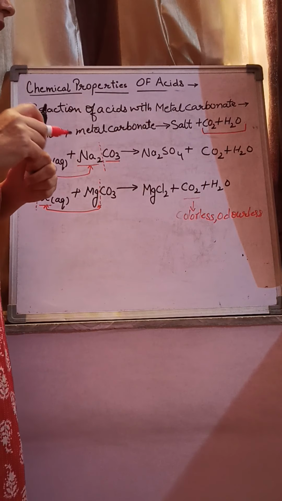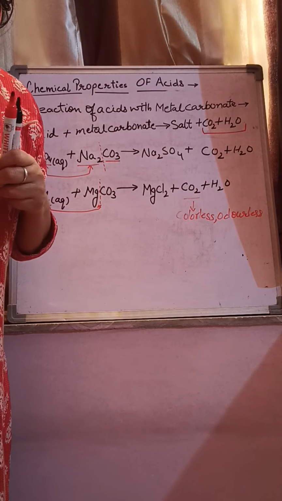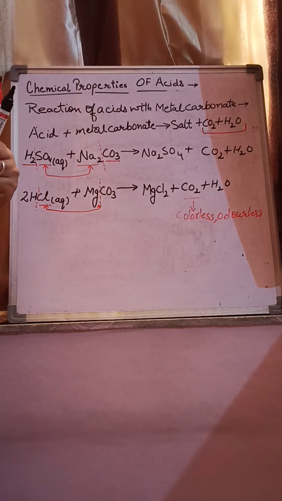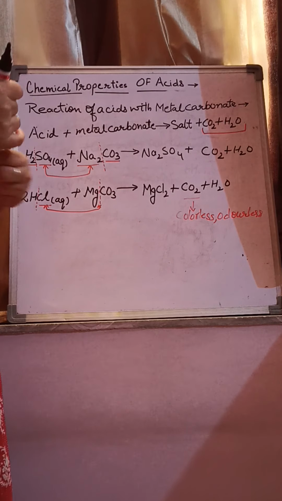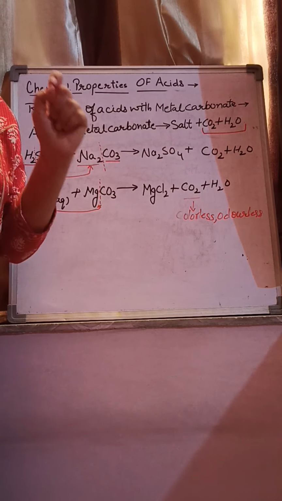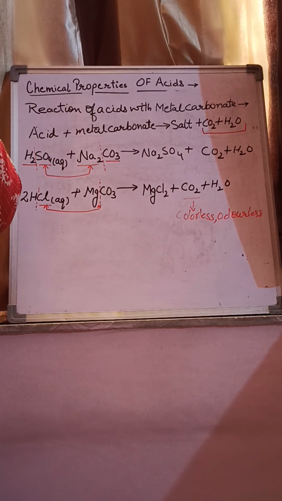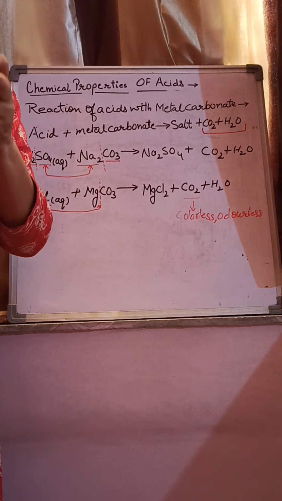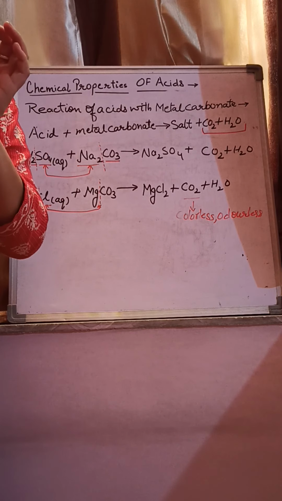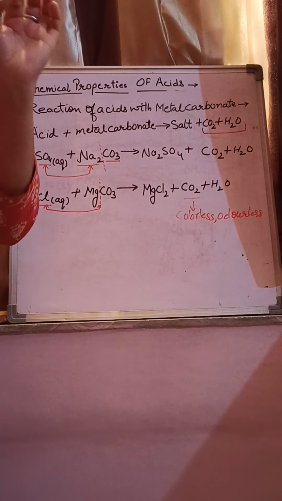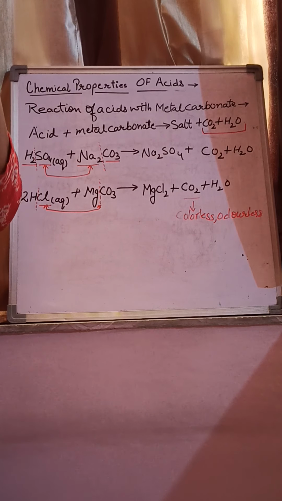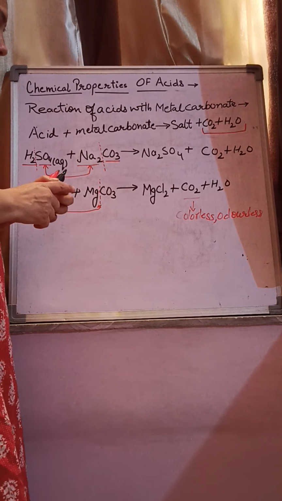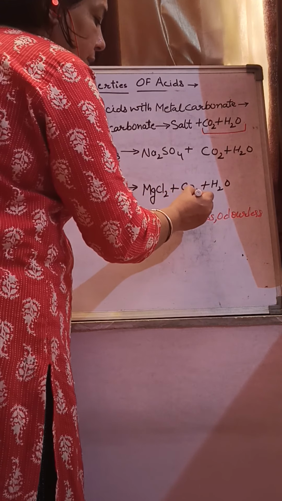The first test is when we bring a burning matchstick near the mouth of the test tube, carbon dioxide extinguishes the burning matchstick, or we can say it puts off the burning matchstick. If any colorless, odorless gas evolved puts off a burning matchstick, then 100% the gas evolved is carbon dioxide gas.